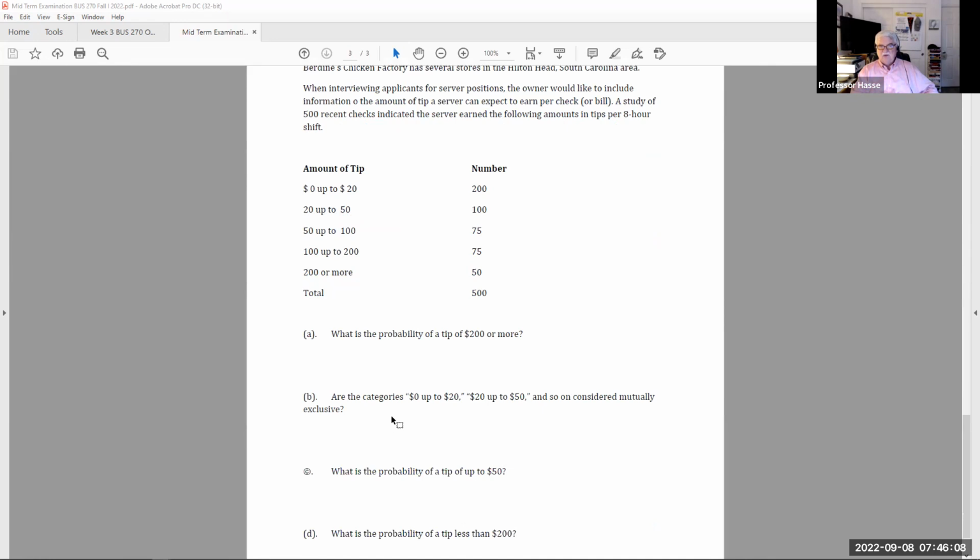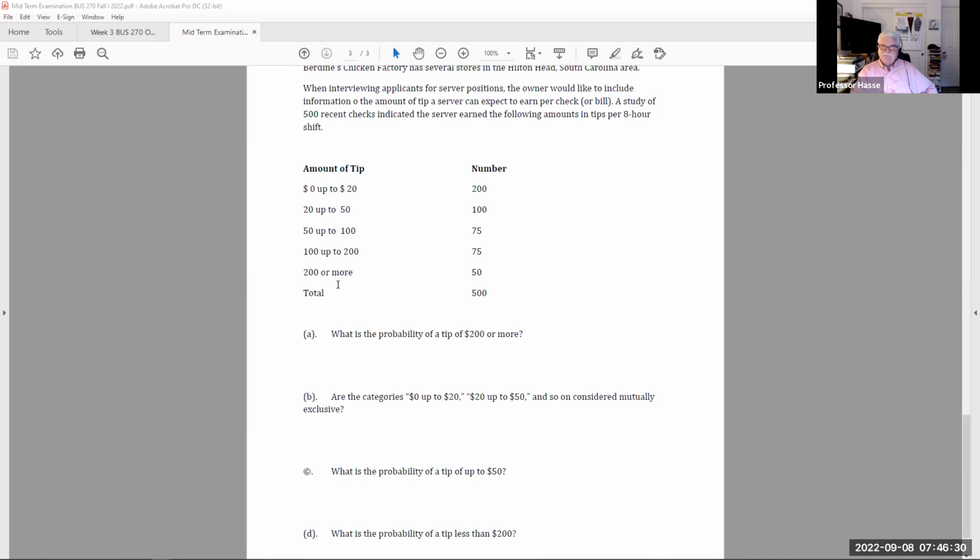Are the categories $0 through $20 and $20 to $50 and so on considered mutually exclusive? Are all these events, these classes, I guess you could say, remember classes from the frequency table you did in case 1, are these classes mutually exclusive?